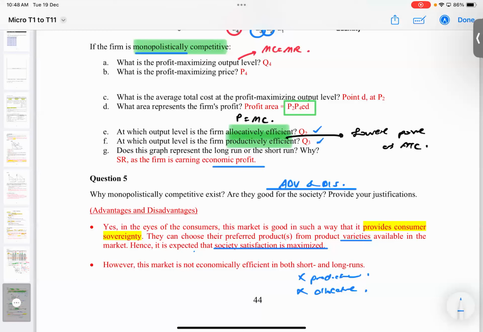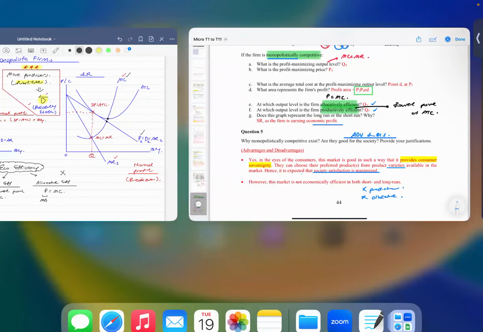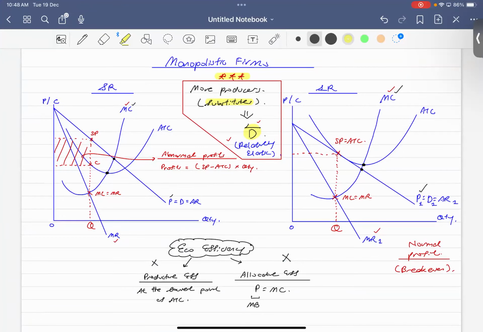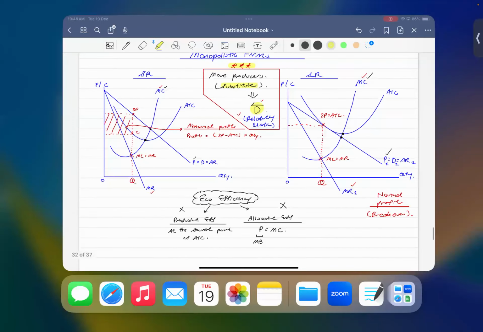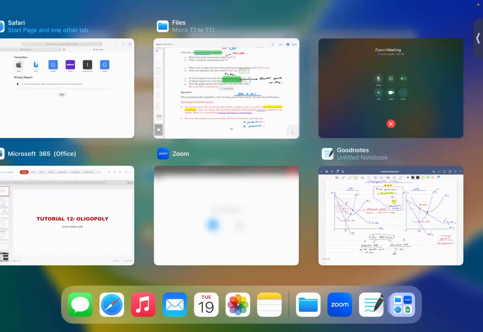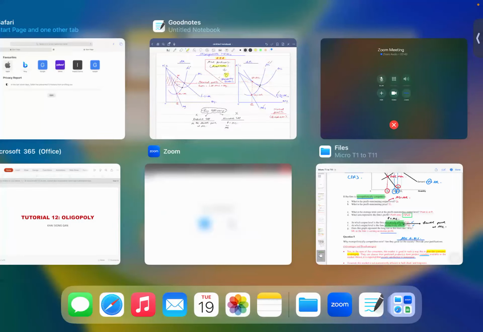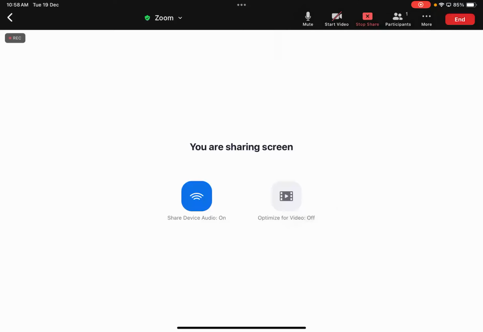Can. Let them take this one first. Okay, so graph, this one. Any other parts that you need to take photo? No? Okay, hold on. Let me pause. Wow, so excited.